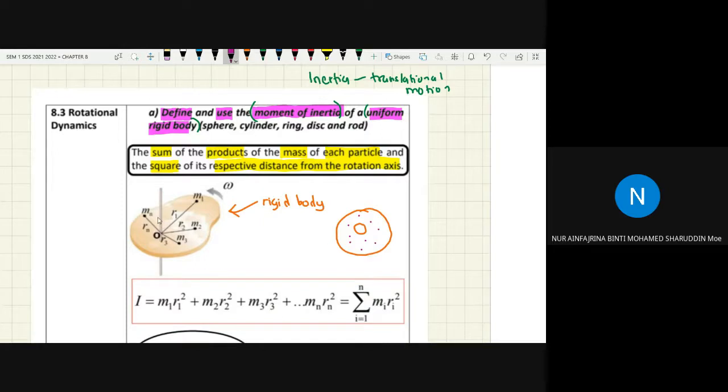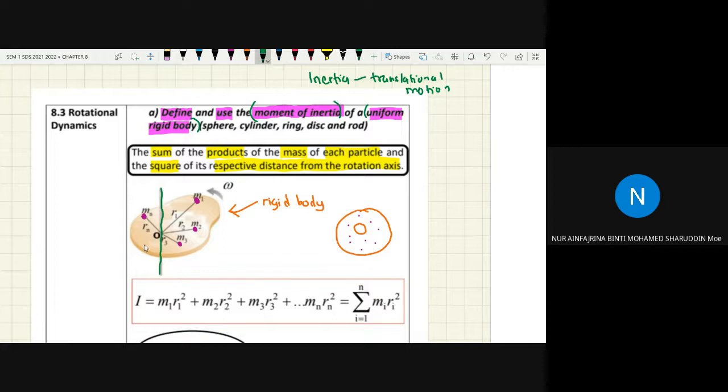Same goes to this one. Bila you tengok rigid body ni, dia akan ada points, points, points dan juga points. Points-points ini dia ada mass dia yang tersendiri. Contohnya dekat sini mass 1, dekat sini mass 2, mass 3 and mass 4. And then kita tahu dekat sini adalah rotation axis dia.